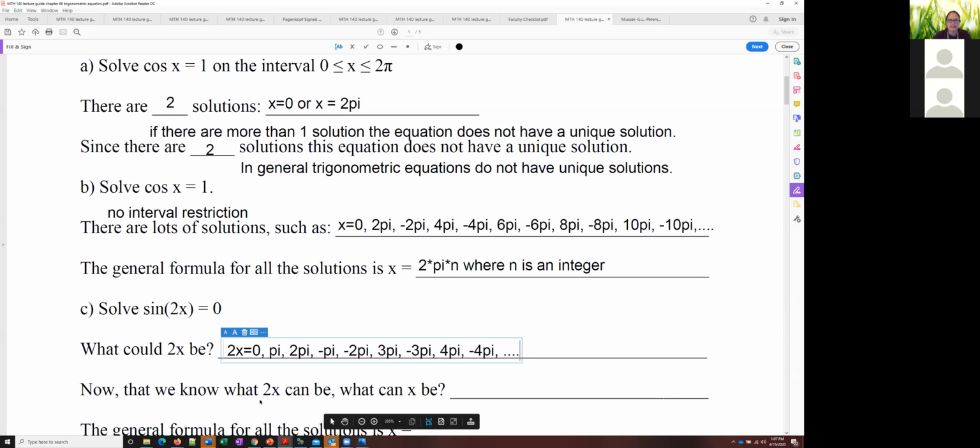So now that we know what 2x could be, what could x be? I just want to take each of these answers and divide them by 2.